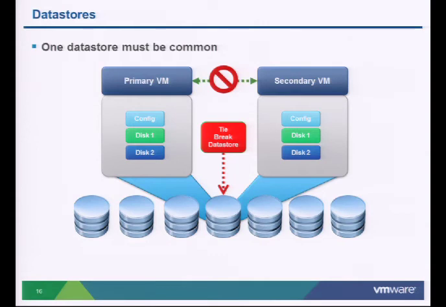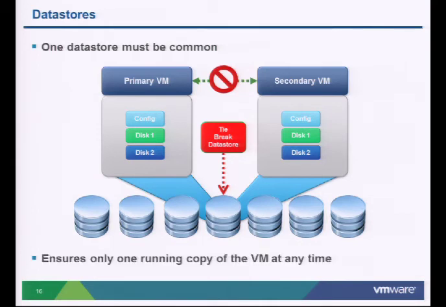We provide a secondary mode of communication through what we call the Tiebreak data store. That's our backup line of communication. So should a network partition or one of the hosts go down, we rely on that data store to decide which VM should continue running the workload. This data store ensures that we only have one running copy of the VM at any given time, even in the face of a network failure. Okay, so that's some preliminaries.